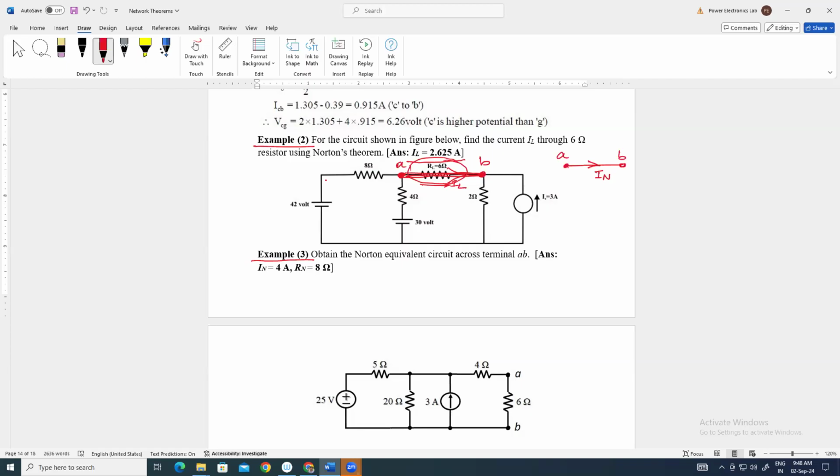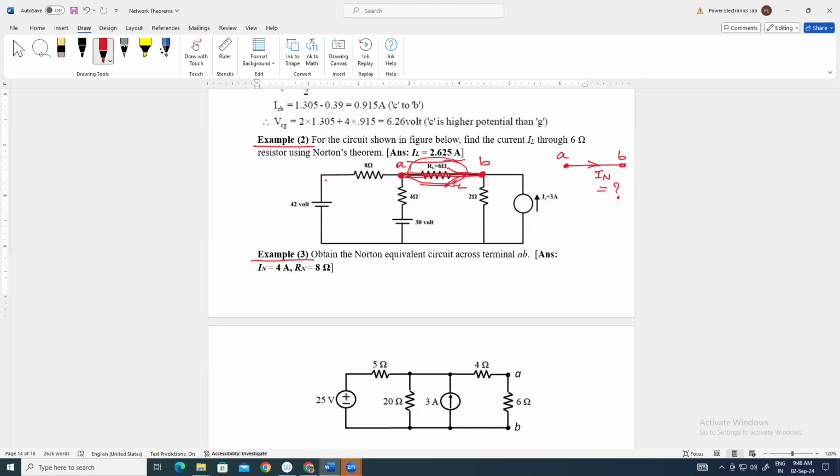What is the next procedure? No, the next procedure means first, short circuiting voltage sources and open circuiting current sources. Suppose we have calculated the value of IN by solving this network. What is the next procedure?